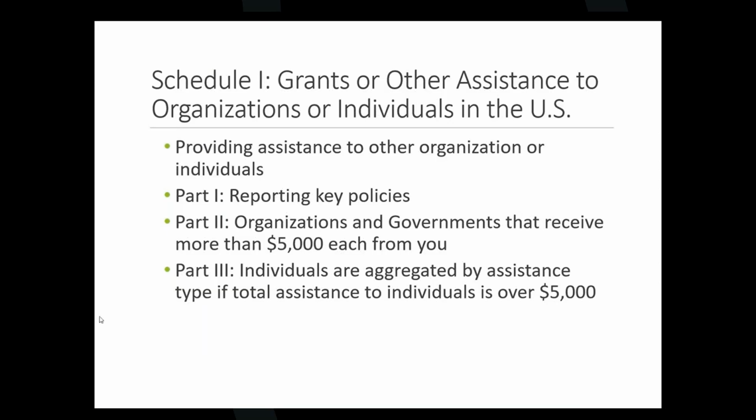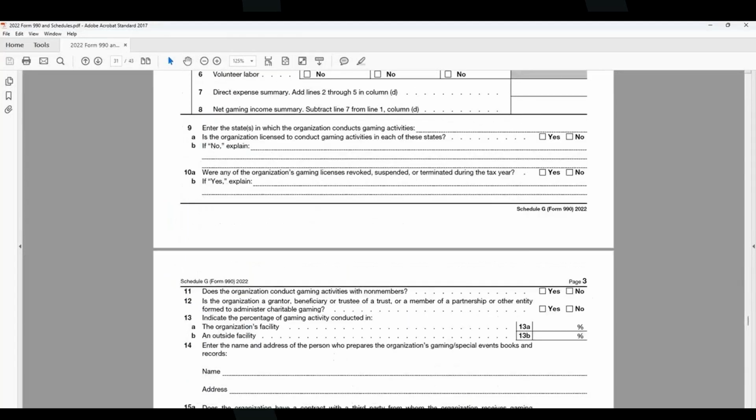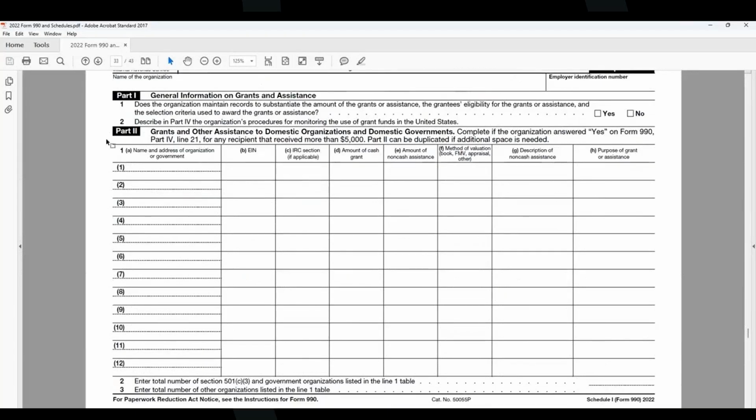Part 2 is organizations, where you list organizations and governments that receive more than $5,000 each from your organization. So if we pull up the form, Schedule I here is Part 2.